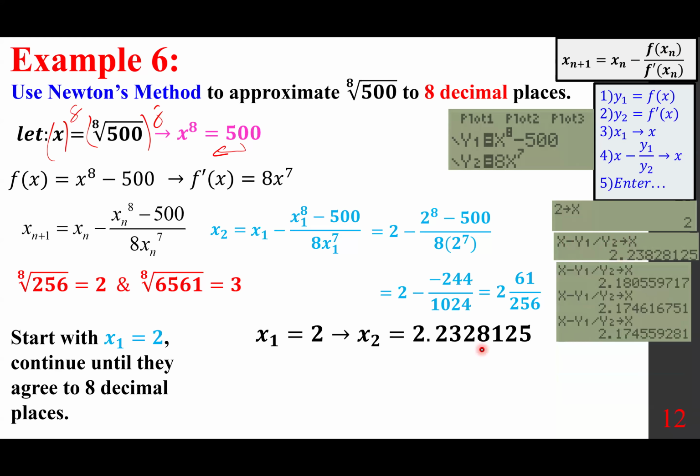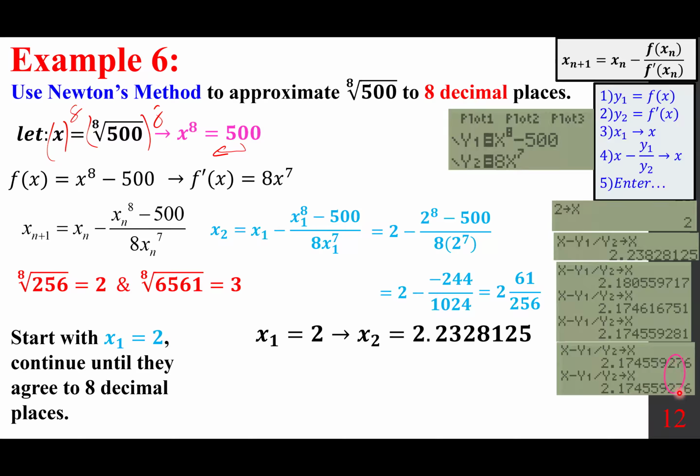If you hit it repeatedly, remember how many times you should do that until you get 8 decimals that are the same, just for the sake of argument. This one, the first 3 are the same. Do you see that? 174, 174, then it changes. So you have to continue. If you go a couple more times, we want 8 decimals.